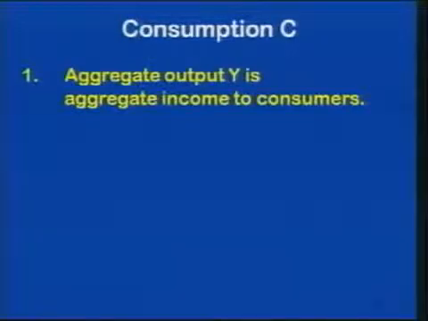Okay, so how does this play out then? The most important thing to look at is a feedback loop, or definitional feedback, that exists in the macroeconomy and affects consumption. In particular, the aggregate output that is produced, if you think of it in dollar terms, is exactly equal to the aggregate income of all the consumers in the economy.